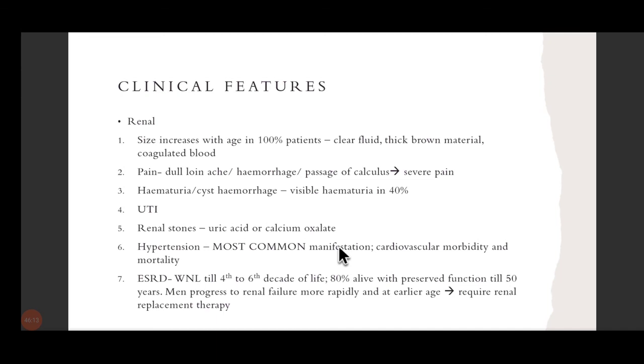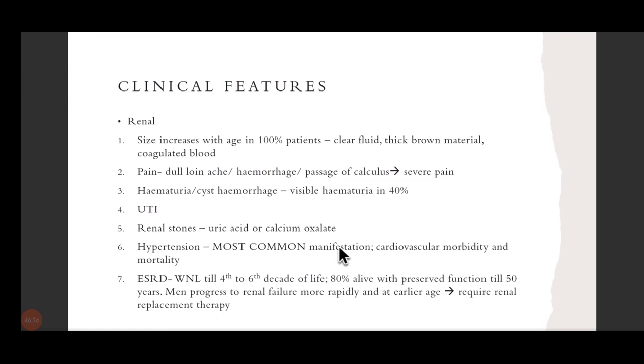Hematuria or cyst hemorrhage is seen in 40% of the population. The patient is more predisposed to UTI. There may be renal stones. Hypertension is the most common manifestation, and most of the cardiovascular morbidity and mortality is because of hypertension.